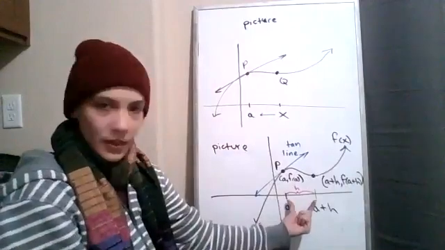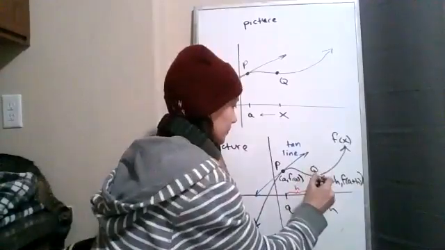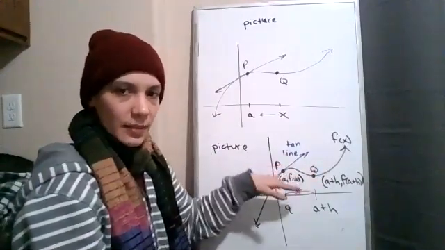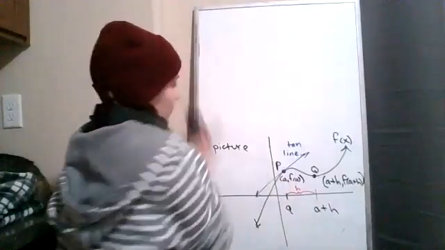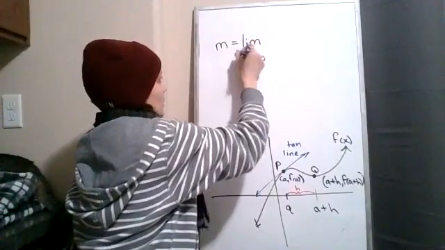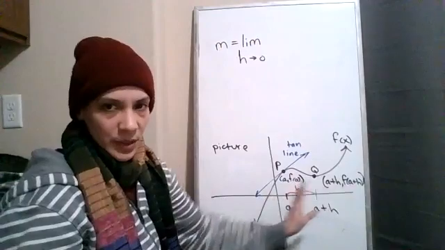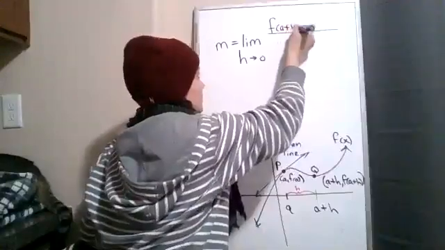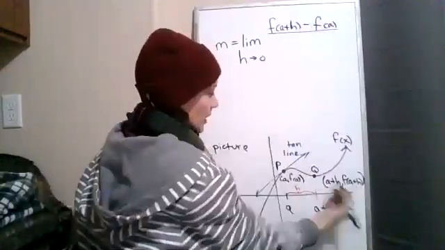Anywho, we have h go to 0, so h gets smaller and smaller. So at this point, called Q, gets closer to P, and those secant lines approach the tangent line. So we'll do the limit as h goes to 0 of the difference between the y values there, f of a plus h minus f of a, and then you do a plus h minus a.